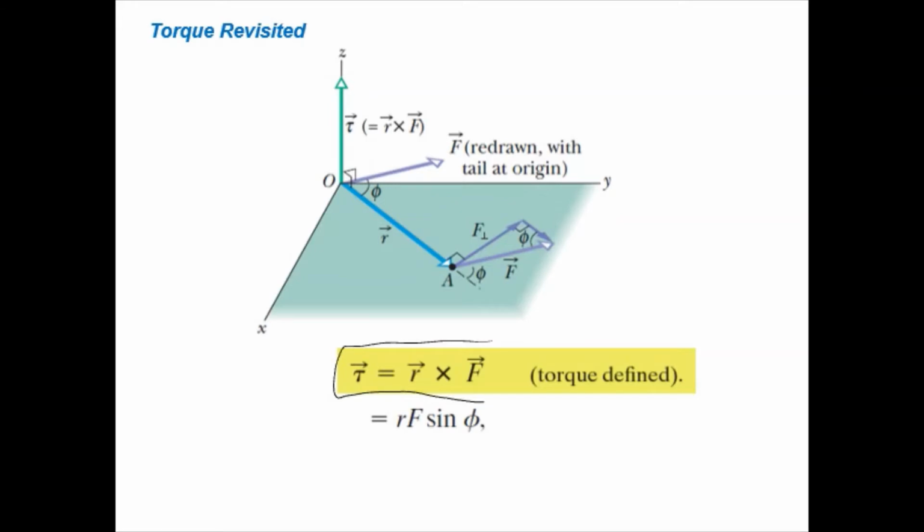Torque can be written as the cross product of r, the position vector that points from the rotational axis out to where the force is being applied. That r is somewhat like our moment arm, but it points out to where the force is being applied. And if we take r and cross it into F, that gives us the amount of torque that we have.